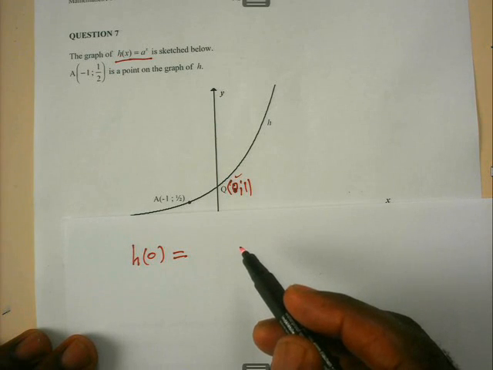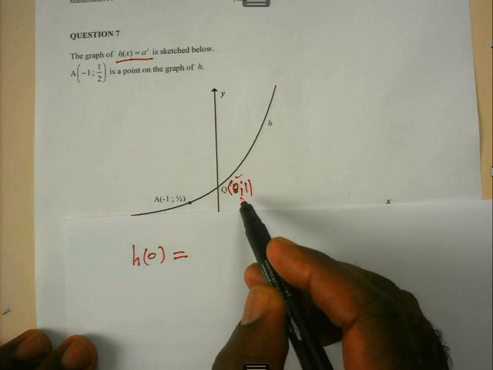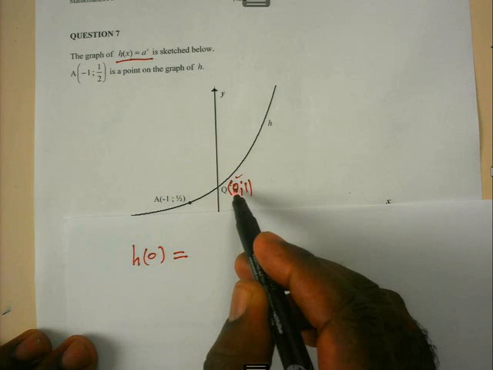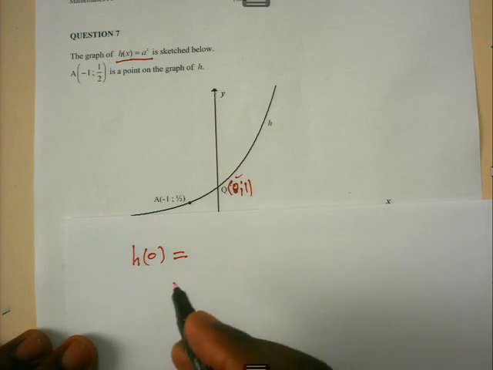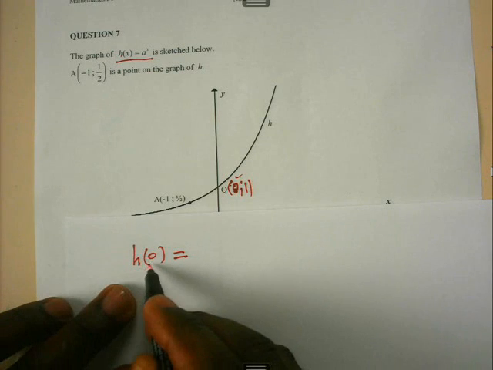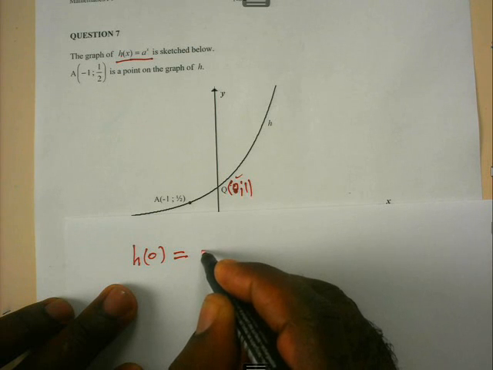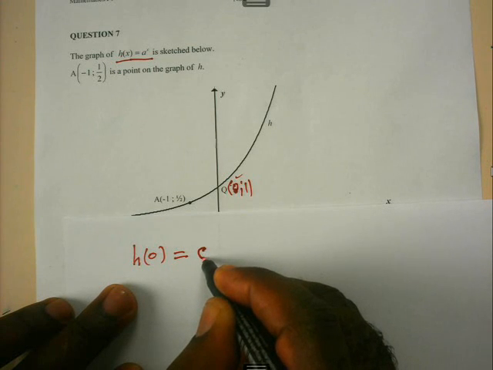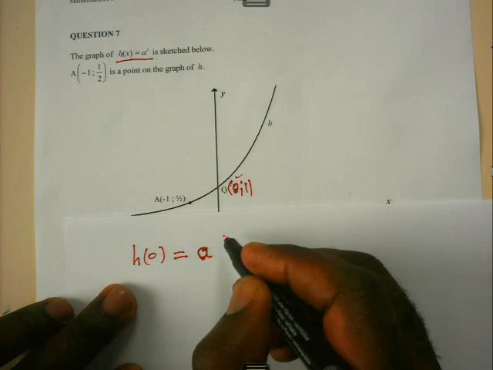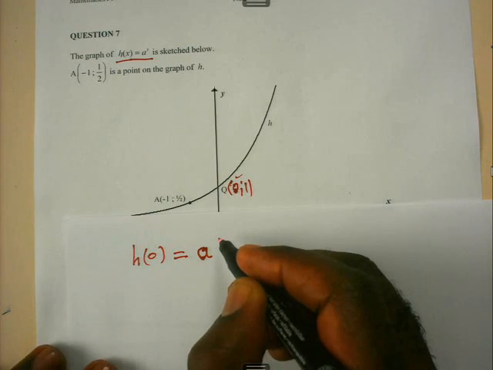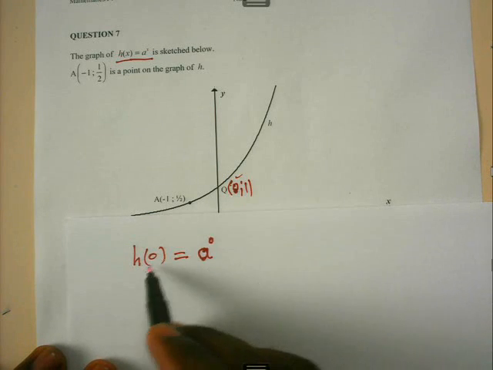I want to confirm that indeed the coordinates of Q are 0 and 1. I've been given that, so I want to confirm it. If I have h of 0, that will be equal to a raised to the power of 0, because I've substituted x with 0.